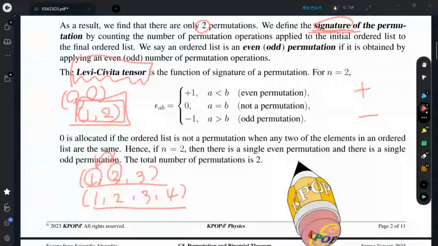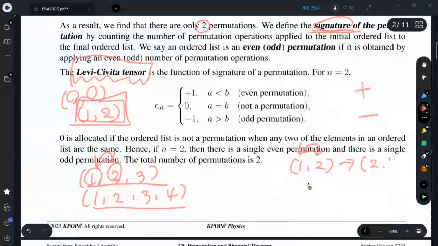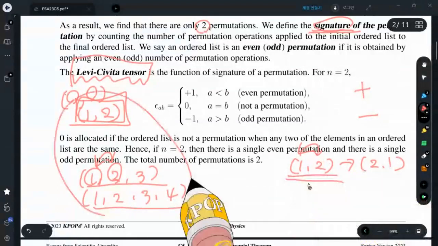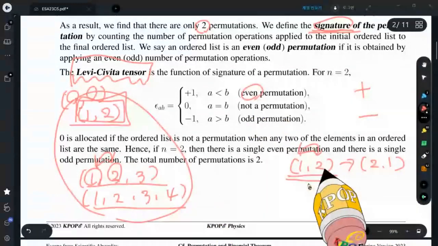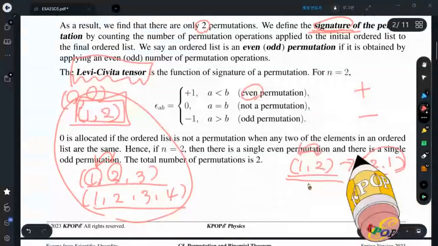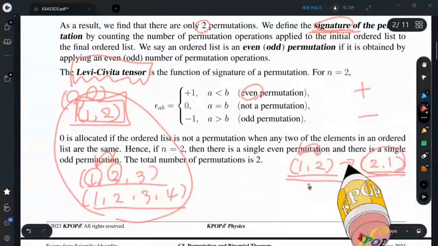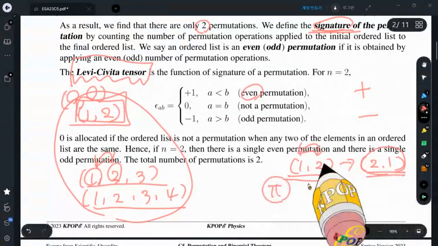If we exchange the first two, you will get 2, 1. They are different because I have defined all of these to be even permutation. I have obtained this new permutation by applying the pi operator only once.